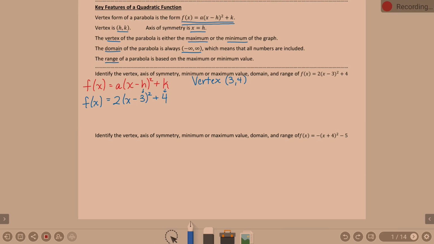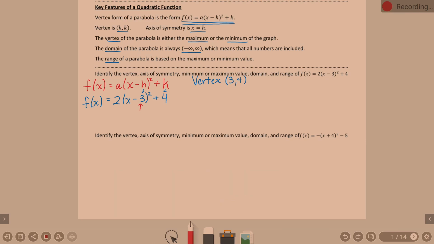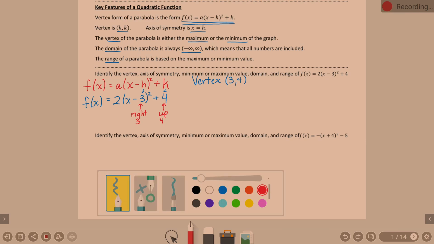Or what does this minus 3 tell the graph to do? The minus 3 is going to tell the graph to go right 3. And the plus 4 tells the graph to go up 4. Can you think like that also? If my graph has to go right 3, up 4, isn't that where my vertex is going to land? Okay, so we have our vertex.